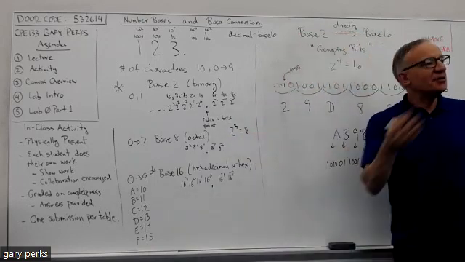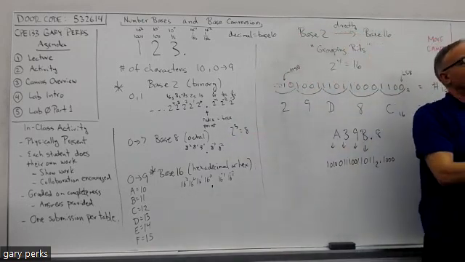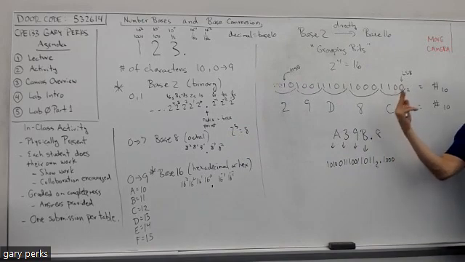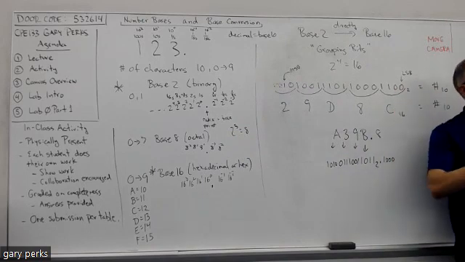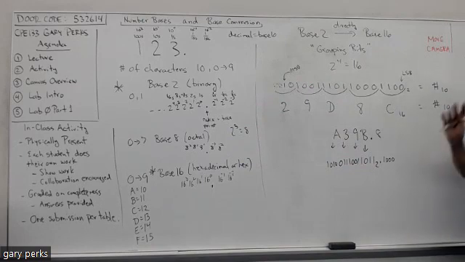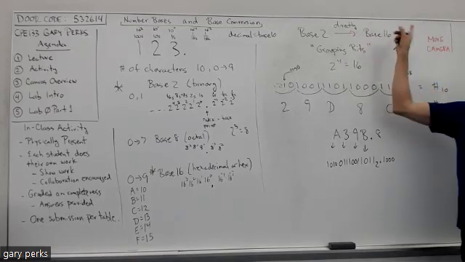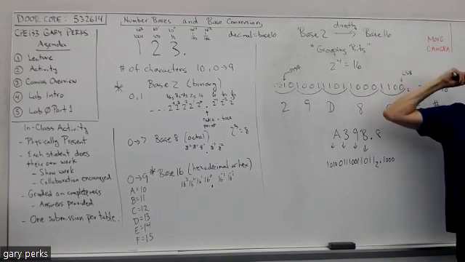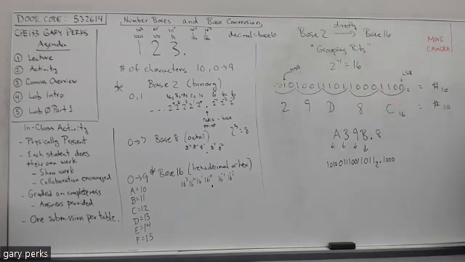So you would make groupings of 3 and write each grouping of 3 as that octal character. But again, the one to worry about in this class, and also the one that you're going to use the most often in any digital class you take, is going from base 2 to base 16.